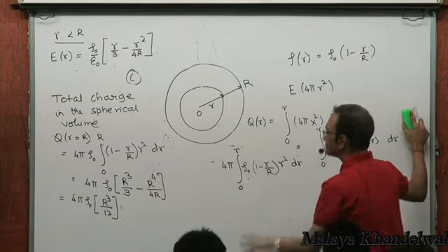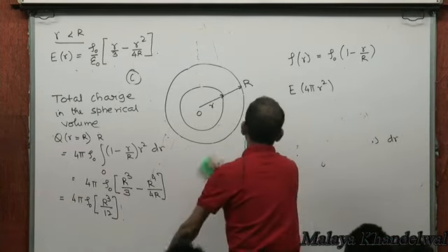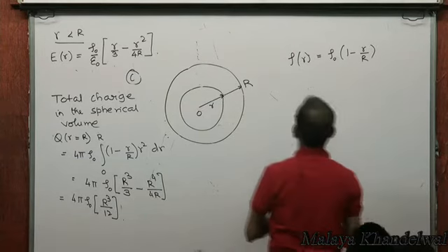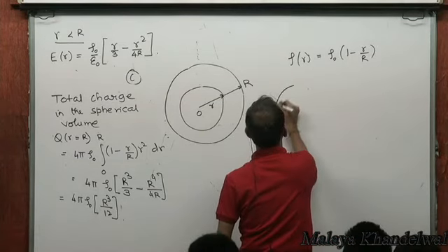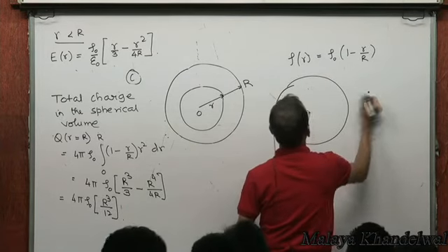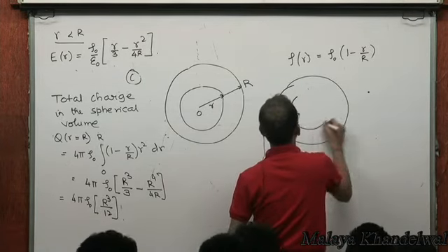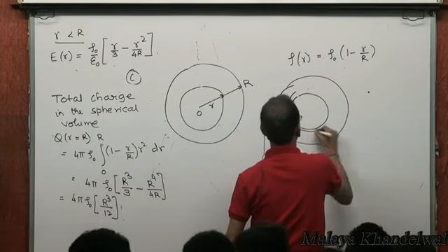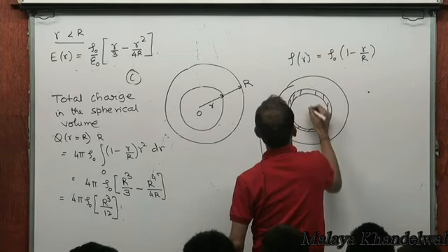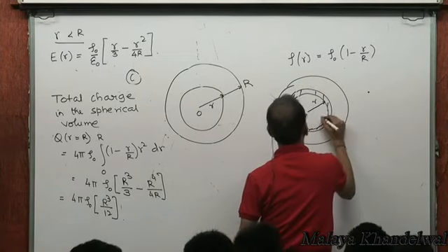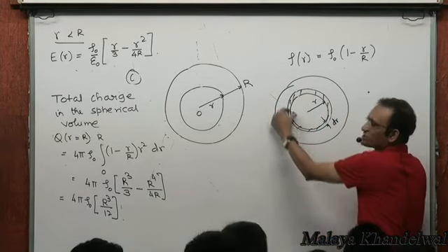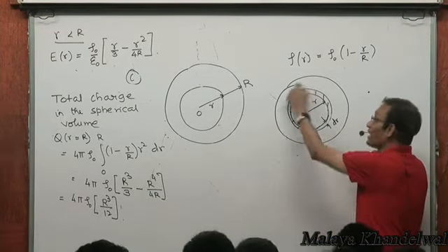Can I wipe this off? See, if I look at points outside this spherical region, and I look at a small shell in the spherical region, this shell is like uniform volume charge density, rho at small r, right?